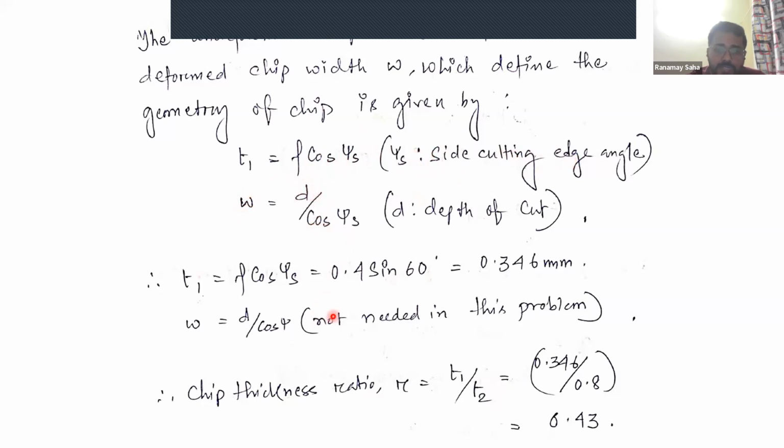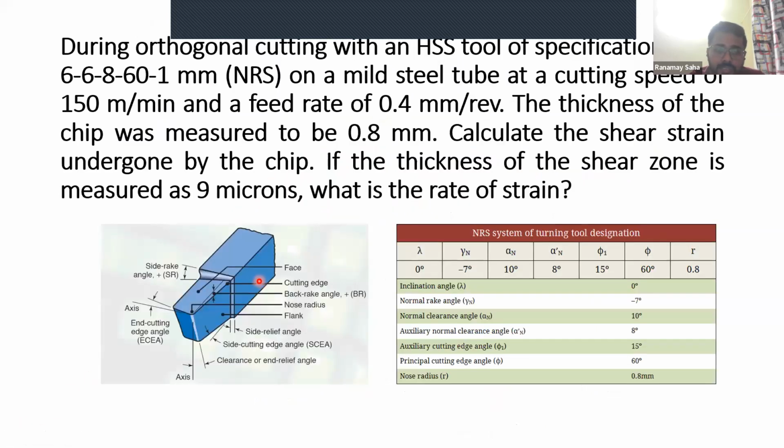Now psi happens to be the side cutting edge angle of the tool, right? So here you can see this one is the side cutting edge angle. From the table, you can see that in this normal rake system it becomes the principal cutting edge angle, that is only 60 degrees.